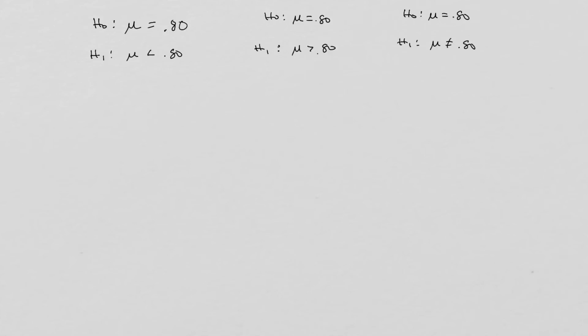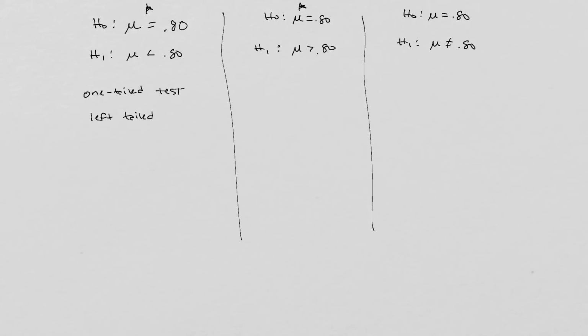When we look at these three types of tests, they have three different names. The first two are called one-tailed tests, because we only care about one side, either the smaller side or the larger side. If we think it's smaller than the claim, we call this a left-tailed one-sided test.